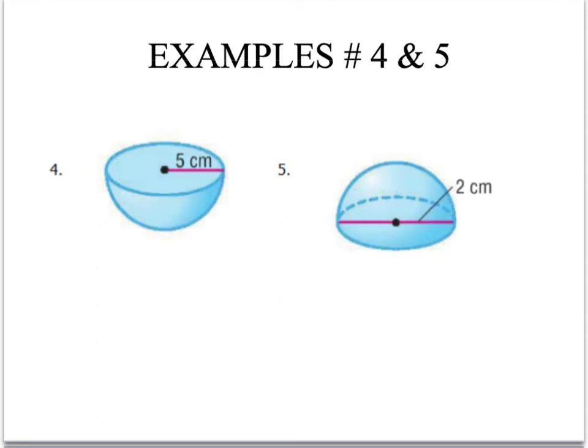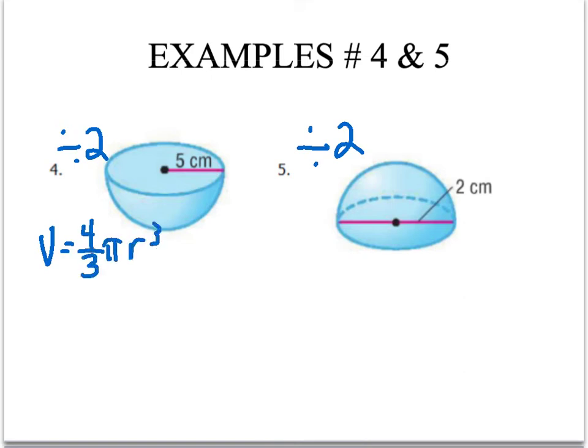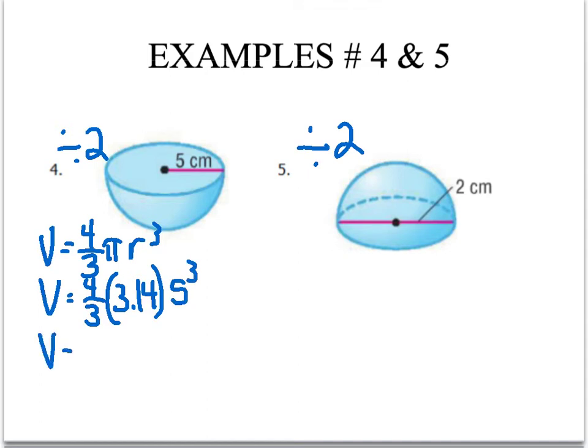For examples 4 and 5, you're talking about only half of the sphere. So once we find the volume, we're going to take that and we're going to divide it by 2. So 4/3 pi r cubed is volume equals 4/3, 3.14, and we're talking 5 cubed again, which is 125.